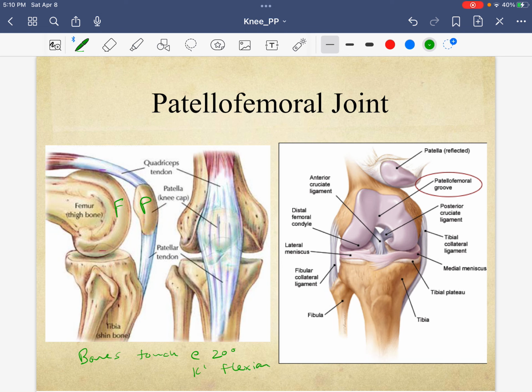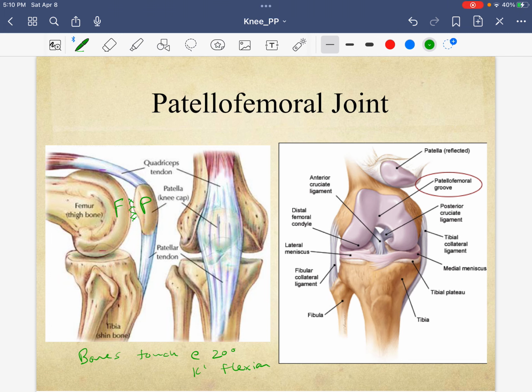So when you're fully extended at your knee, not touching, and you can actually move your patella around because it's not touching the femur, and we're going to be able to do that in lab. But when we flex our knee to about 20 degrees and on from there, there is contact between the patella and the femur. Therefore, patellofemoral joint.